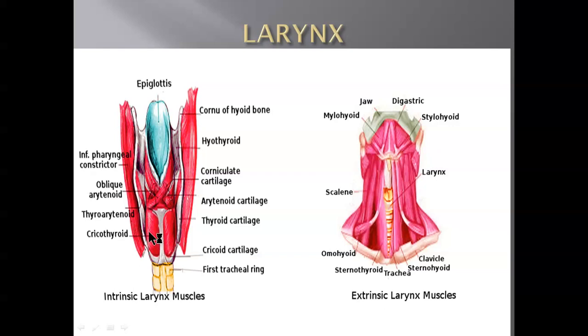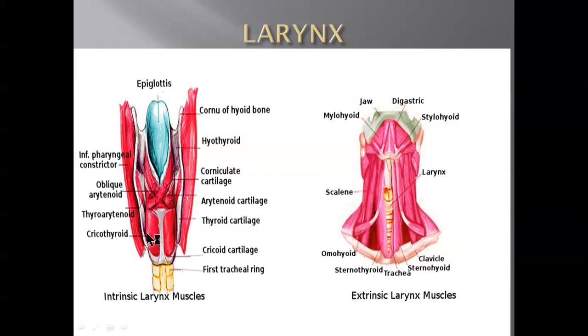Therefore it tenses your vocal cords, hence giving a tone to your voice, and therefore it's also known as your singers' muscle. So it is a very important muscle for giving a tone to your voice. And again, another exception is the cricothyroid. One must know it is the only muscle which is innervated by the external laryngeal nerve, which is a branch of your superior laryngeal nerve.